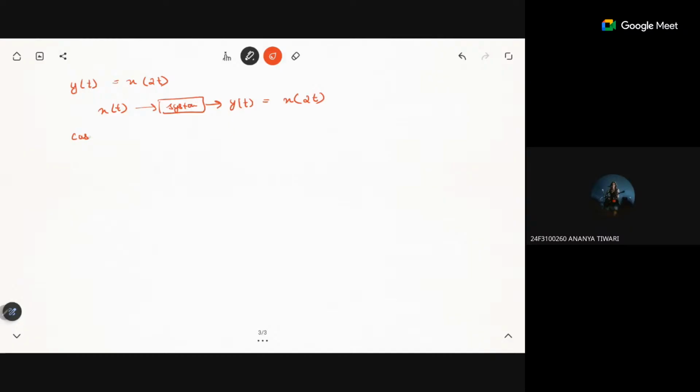So from case 1, what we can do is create a delay in the input. So now my xt becomes x of t minus t naught. Then I'm passing it to the system. When it's passed through the system, my system scales the time.